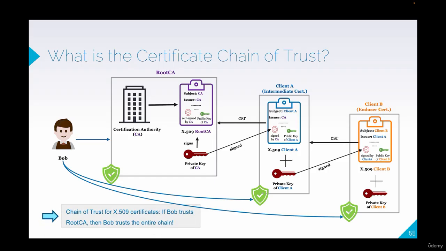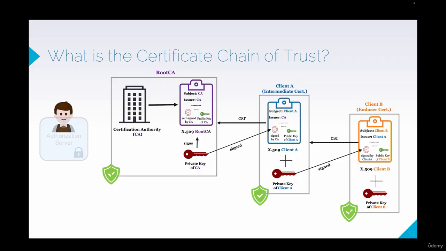And this illustrates the chain of trust for X509 certificates. If Bob trusts the root certificate authority, he trusts every certificate in the chain. Now, in the context of OAuth 2, Bob represents the authorization server, which needs to trust a specific root certificate authority and verify the client's X509 certificates to issue an OAuth 2 access token. Don't worry, we will explore this in detail shortly.